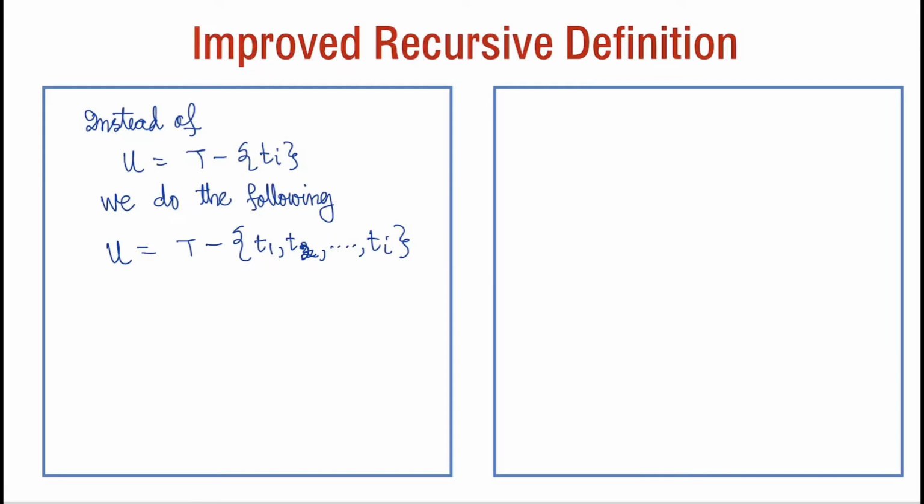So in our example of 8, 6, 5, 2, 1, in one case, when we chose 8, this had null, this had 0, this had 11, and this had 0. This was our definition.